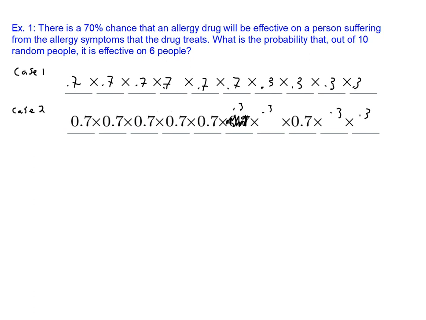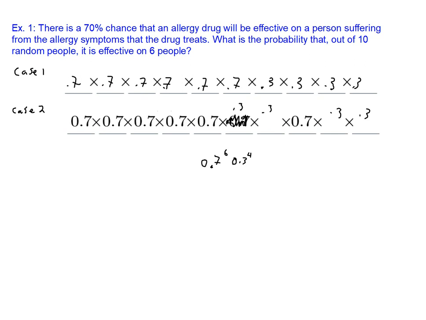Now notice for both of these cases, there are 6 0.7s multiplied together and 4 0.3s multiplied together. So it's looking like our probability is going to have 0.7 to the exponent 6, because there are 6 of them in there, and 0.3 to the exponent 4, because there are 4 of those. Now, what we really need to figure out is how many of these different cases there are.